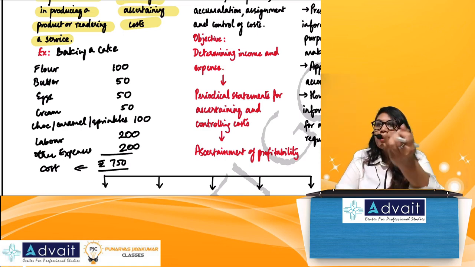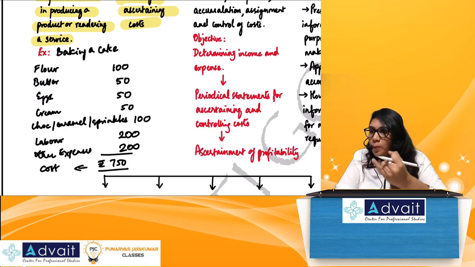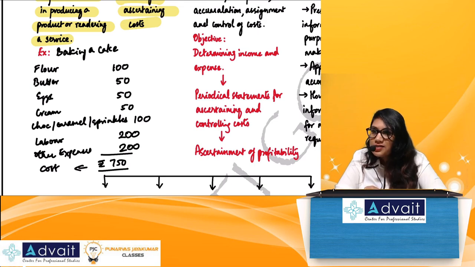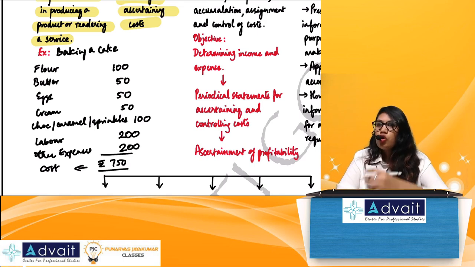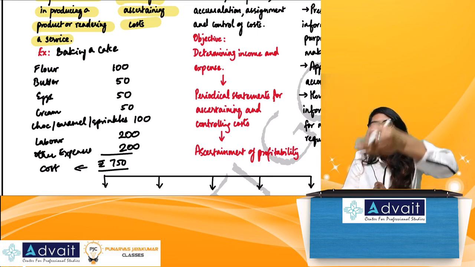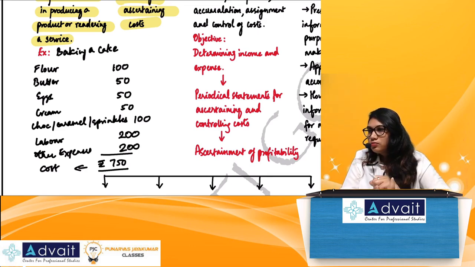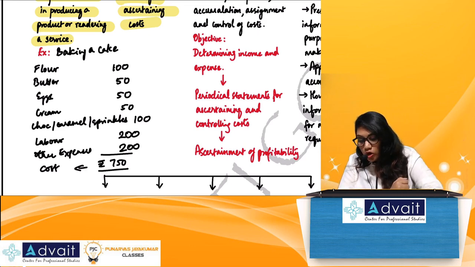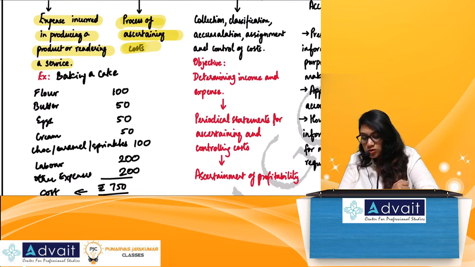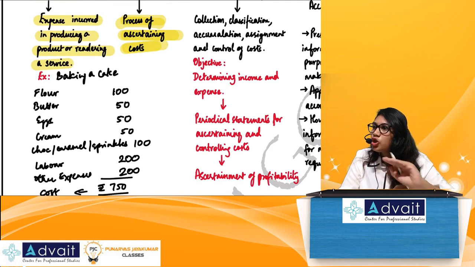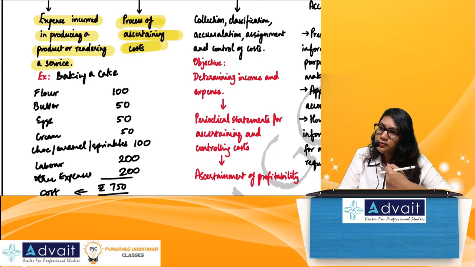Your bills, your purchase orders. In case of employees, how will you get to know how much you have paid them? Their salary slips or wage slips. So all these things are maintained so that you can arrive at your cost, which is that 3 lakh rupees that he told. So the process of ascertaining costs, how I have arrived at that 3 lakh rupees, is called costing.